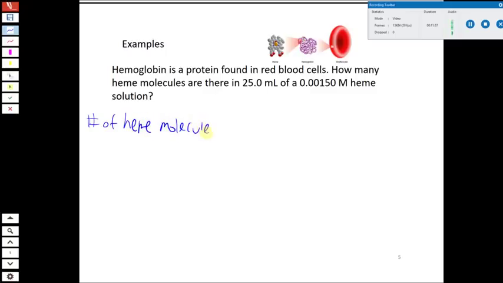And we should recognize that if we're going to find the total number of molecules, Avogadro's number is going to have to be a part of this at some point. But we need moles first before we can use Avogadro's number, because Avogadro's number tells us how many molecules would be in 1 mole. We don't have the moles directly. Remember that this number here does not mean moles, it means moles per liter. So what we're starting with is 25 milliliters of a solution.